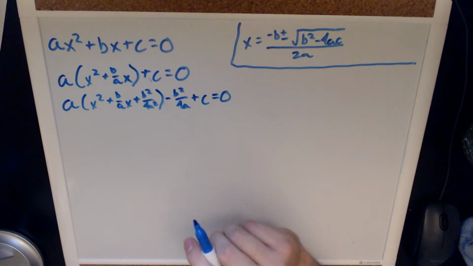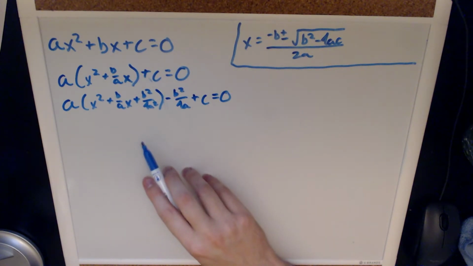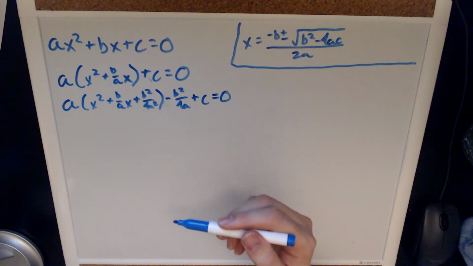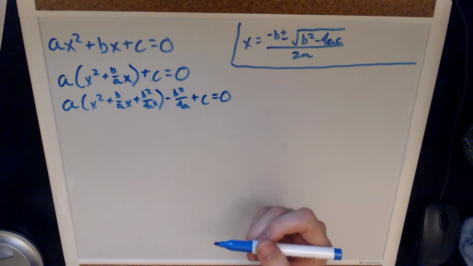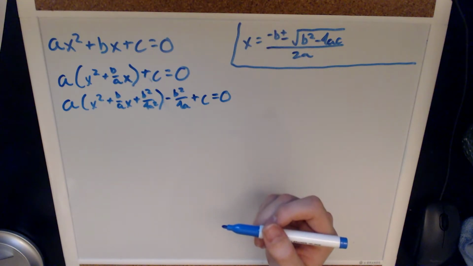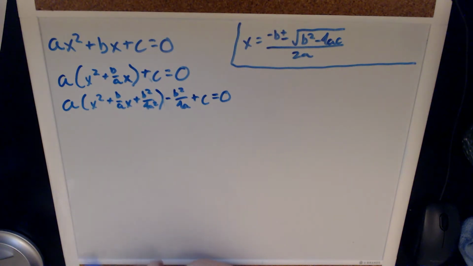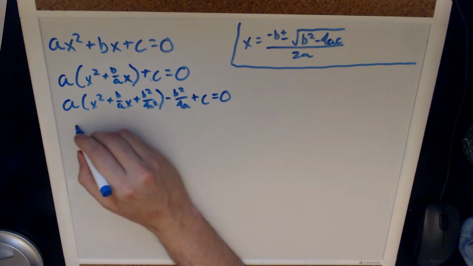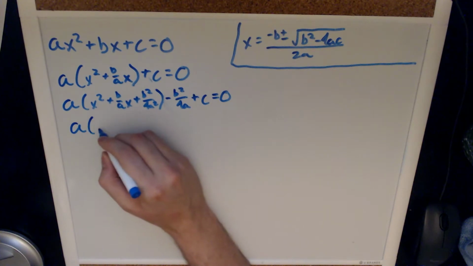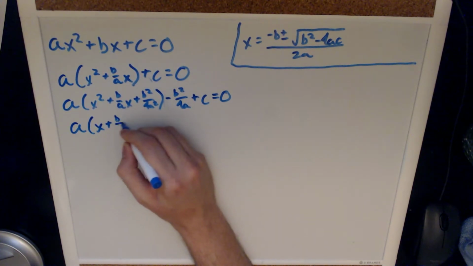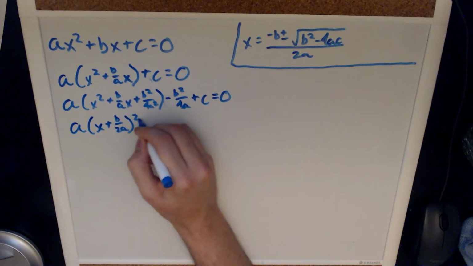Now that we have completed the square, we can square root it and also square it, which will change its composition but not its value. By the rules of perfect square polynomials, the square root of the terms inside the parentheses is the b value divided by 2 plus x, which means x plus b over 2a, squared.